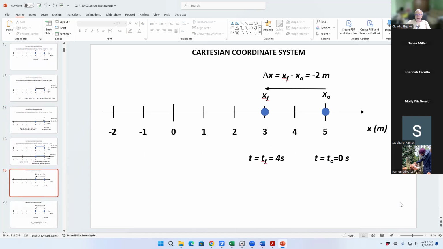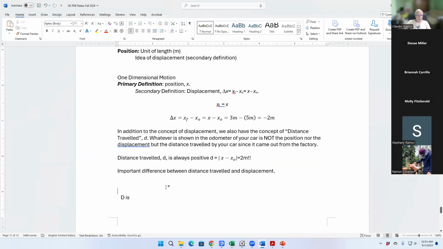Here, we're going back to the first displacement, minus 2 to the left. And now we're going to talk about a new quantity. We have the primary definition, we have the secondary definition, that's displacement, and now we're going to talk about this tertiary definition, which is the average velocity.